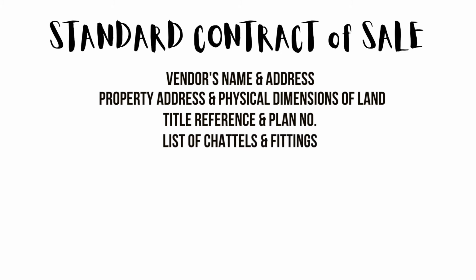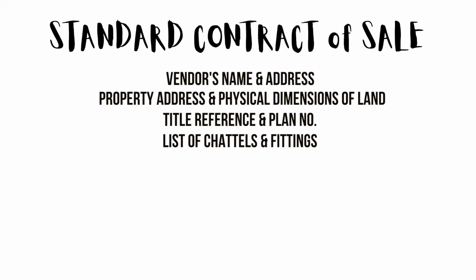Chattels are items not attached to the property, such as curtains, and unless otherwise stated in the contract, can be removed by the vendor prior to settlement. Fixtures are things like light fittings that are part of the building and are usually included in the contract.